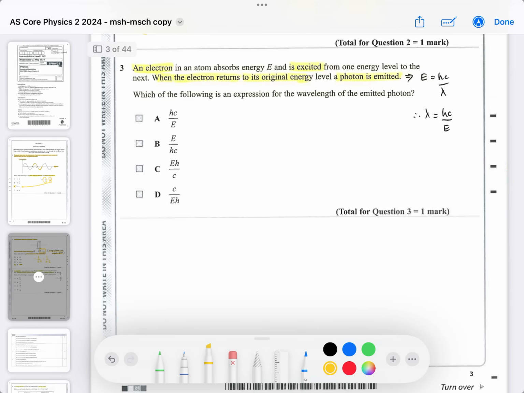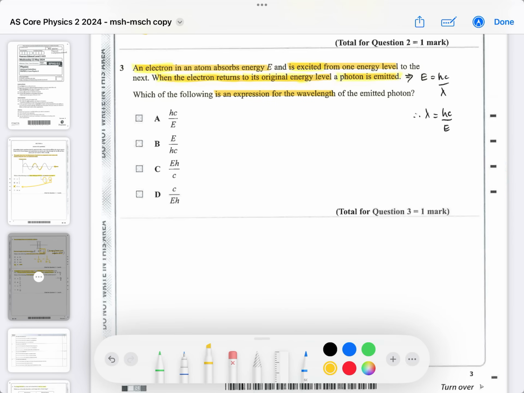Question 3: an electron in an atom absorbs a specific amount of energy, and it gets excited in that it moves up one energy level, from one energy level to the next. When the electron returns to its original level, a photon is emitted. So this is how photons are produced. They want you to work out which of the following would be a mathematical expression for the wavelength.